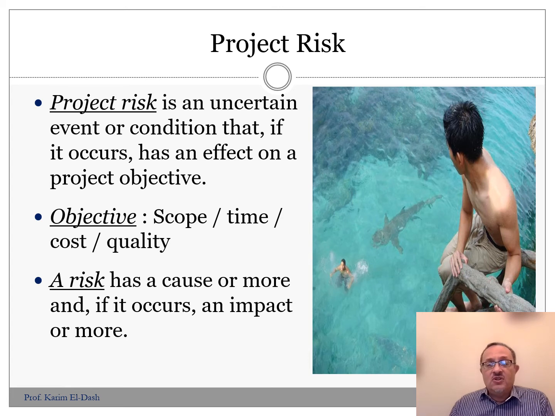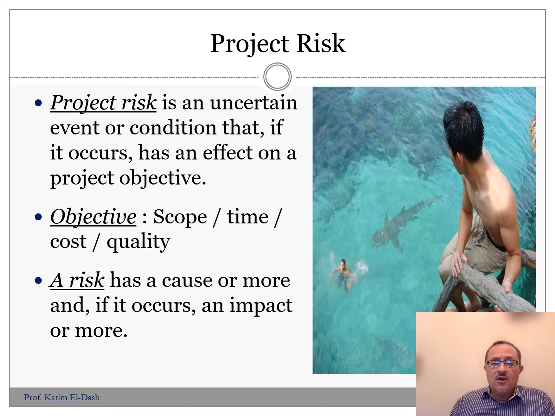Cost is usually the most important side of the triangle in the KPIs of any project. So a risk might have impact on the scope or time or cost or quality, or 2 of them or 3 of them or all 4 of them.